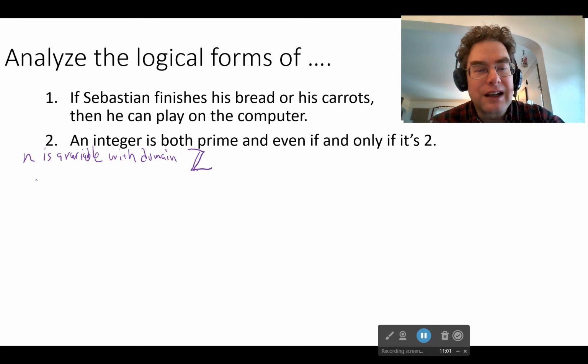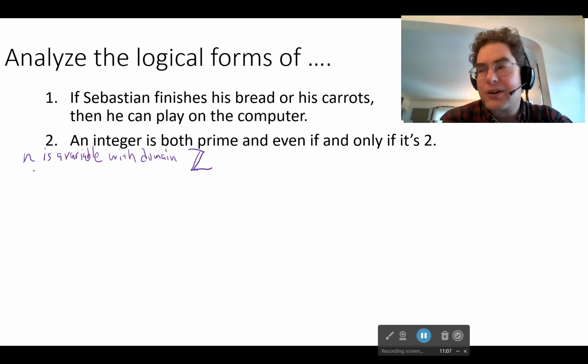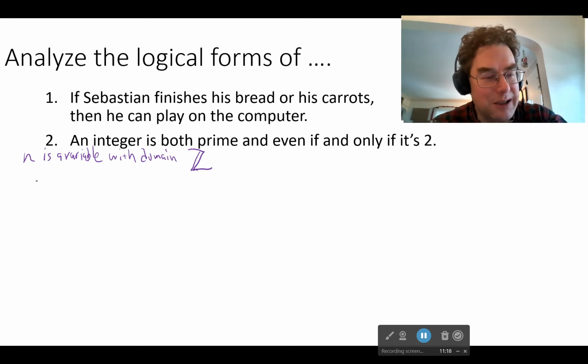Okay, so now let's assign variables to our simple sentences. And again, here we'll use the predicate notation for those because these are indeed going to be predicates. So one simple sentence that's involved here is n is prime. Certainly can't reduce it any further. We get that out of the front half of our sentence here.